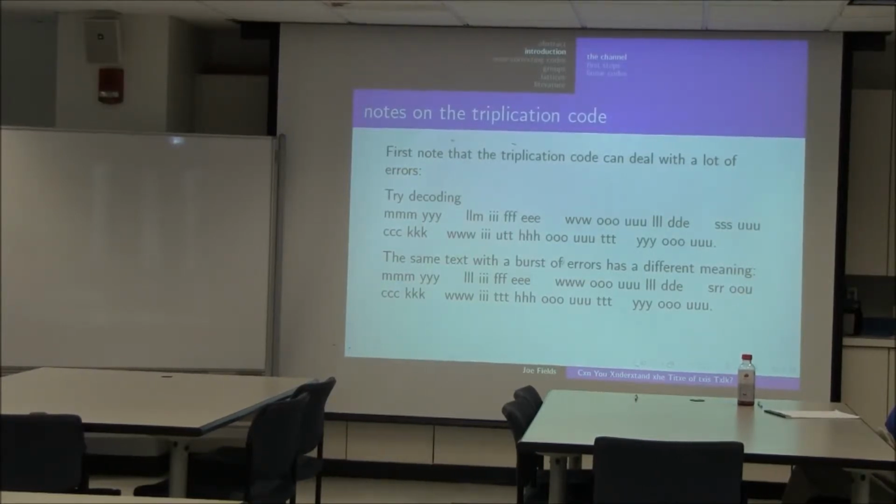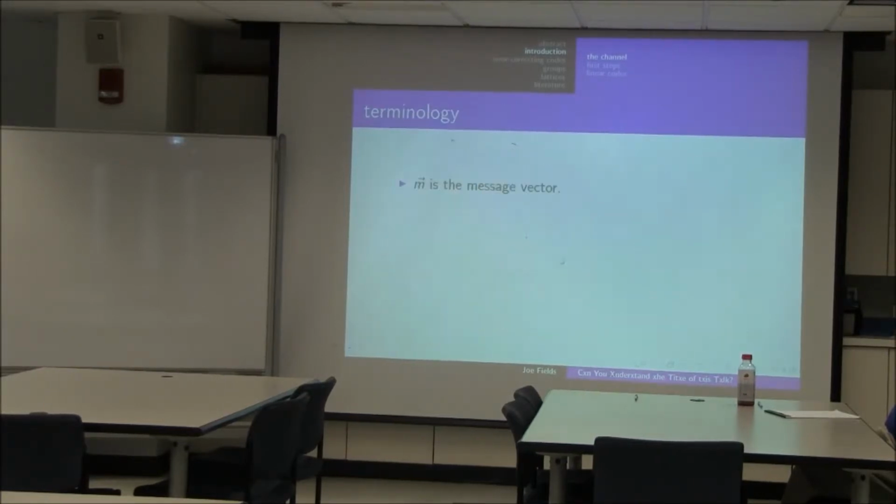So compact discs and DVD discs, I don't know how Blu-rays do their encoding, but I'm sure it's similar, spread any one piece of data around on the surface of the disk, so that it's as if you had to read a bunch of things at once. This is why they need to buffer for a quarter of a second, half a second before they actually display. So yeah, this triplication can handle some things, but it's not going to work for everything. There's no one code that'll work for all possibilities.